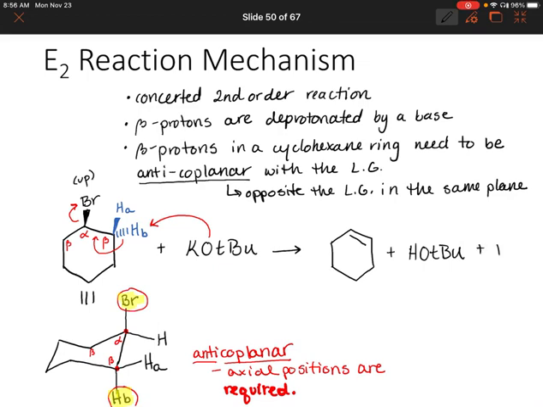And then we also have our leaving group, the bromide ion. And that might be balanced by the potassium that we had before. So you could write KBr potentially there. All right, so again, if you're trying to figure out, let's say, which hydrogen is going to deprotonate, it has to be anti-coplanar to the leaving group.